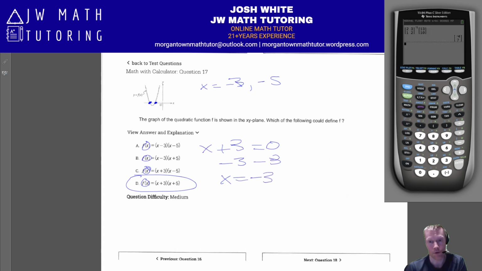And if you do x plus 5 equal to 0 and solve it out, you get x equals -5. And therefore, the zeros, the roots, would be -3 and -5, and that matches the graph because they're both negative. Now, just to let you know, another alternate way you could do this is you could graph each of the answer choices on the calculator, and you could see which one looks like the picture that you're given in the problem. Okay? It might take a little time to graph all four of them, but that is an alternate method you could use as well.